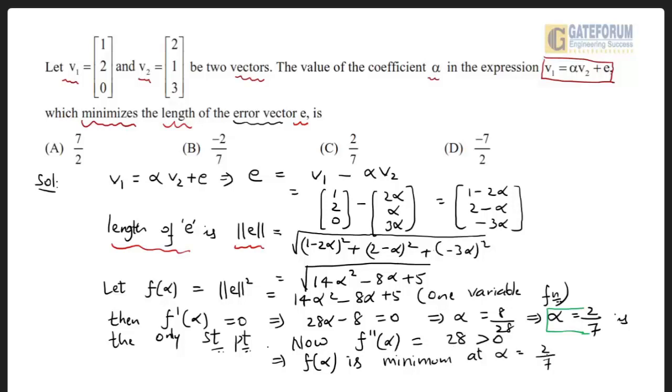Now they are asking about the length. f of alpha means the square of the length. When the square of the length is minimum at alpha equal to 2 by 7, automatically the length of that vector is also minimum at alpha equal to 2 by 7. This is nothing but length E square.